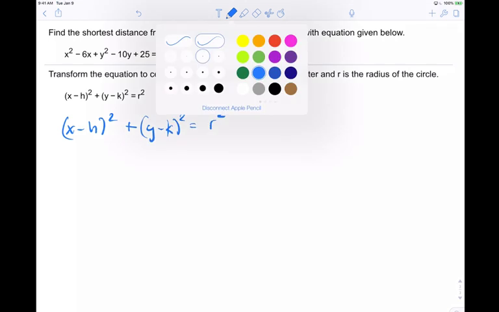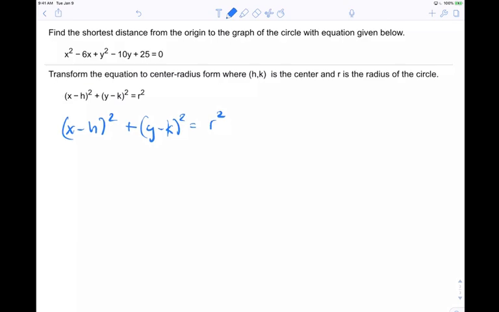Now, we already have our x terms grouped together, the y terms grouped together. I'm going to move the constant to the right-hand side. Here's the original: x squared minus 6x plus y squared minus 10y plus 25 equals 0.